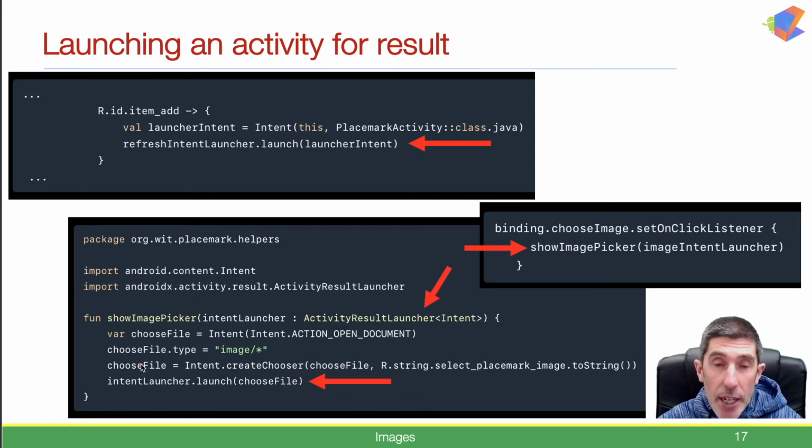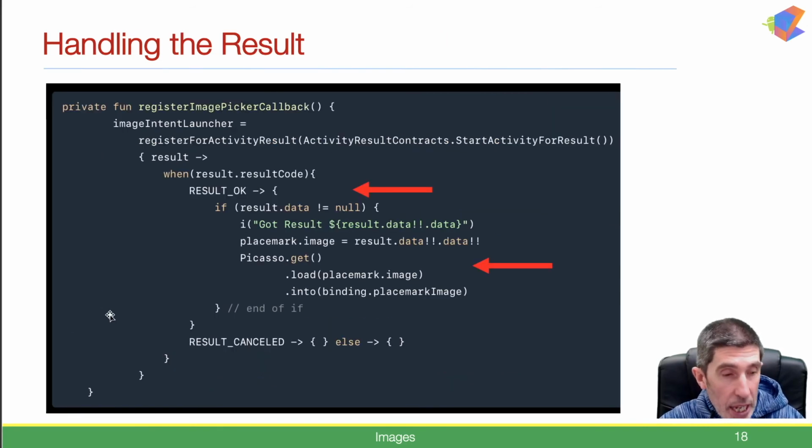Okay, which will then go and process and get the URI, which we then update within the placemark model itself. Okay, so again, there's quite a lot going on behind the scenes, but within the lab, once we have our callback declared and registered, and then we launch it, Android and the operating system looks after everything else via that storage access framework.